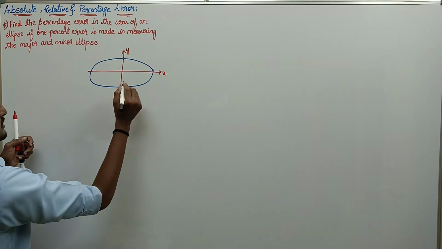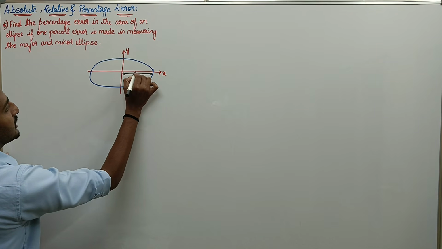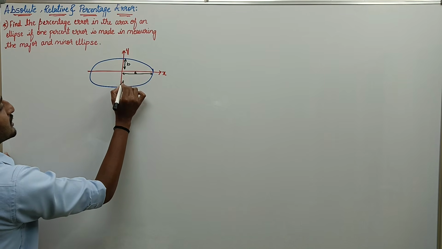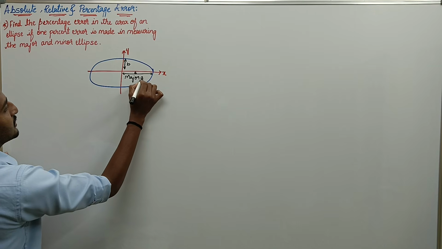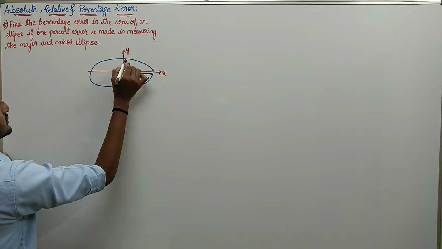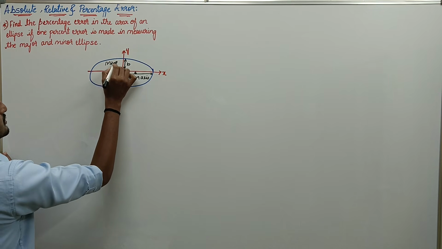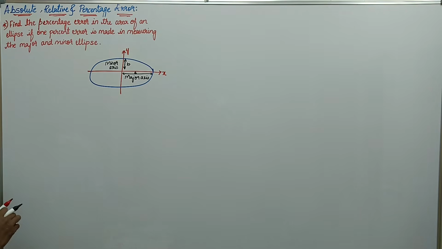Now, this we represent as A and this we represent as B. This we call the major axis, and this we call the minor axis. This is the graphical representation of the ellipse.